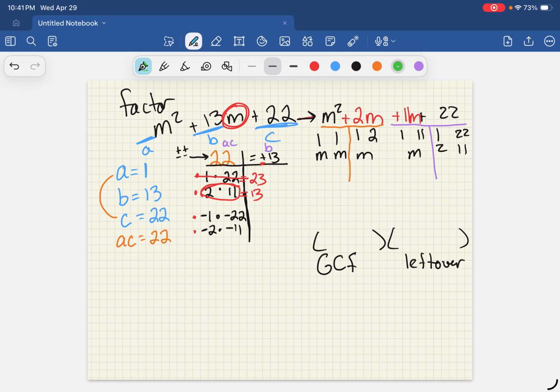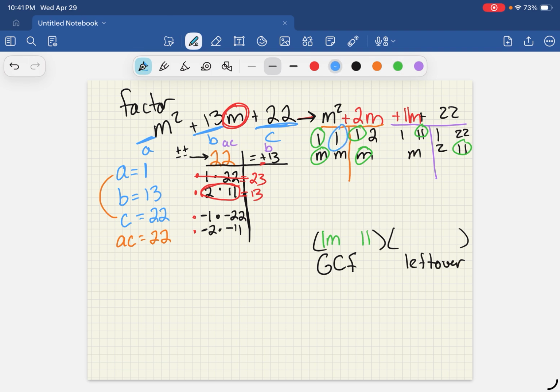Now I'm going to go through and find my GCF. Here, the GCF is 1m. And over here, the GCF is 11. So in my first parenthesis, I'm going to write m and 11. And then I'm going to come back here.